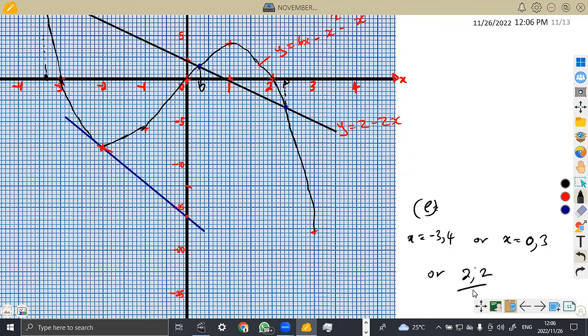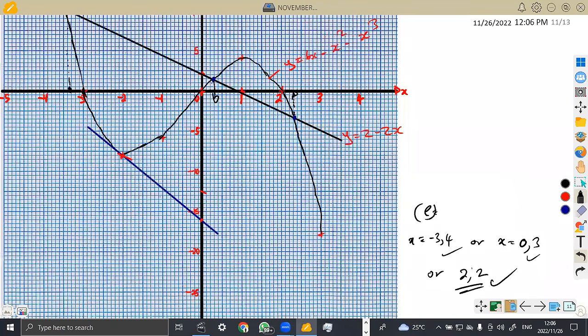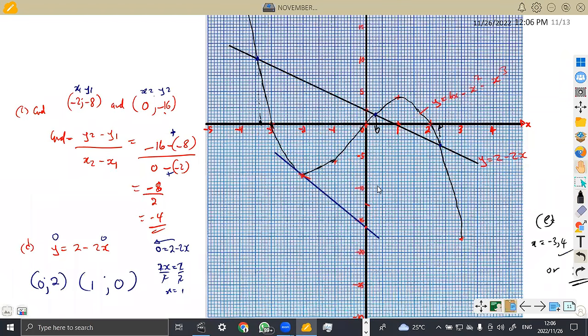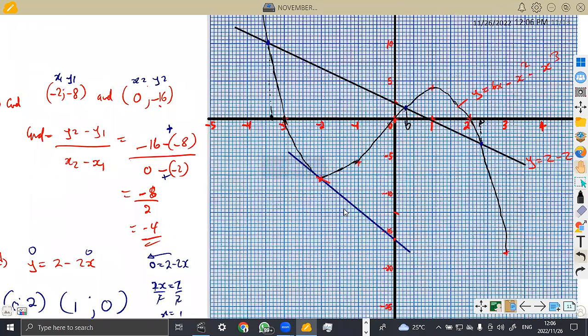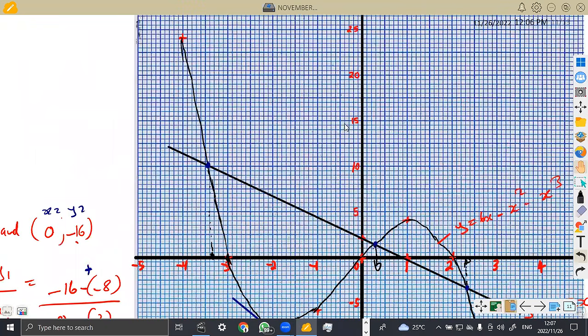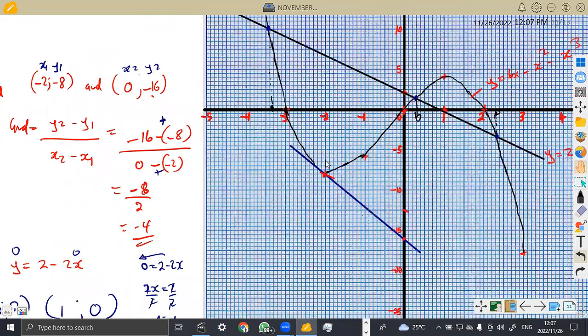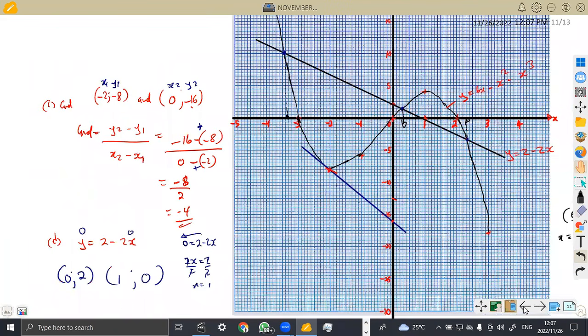So these are the values of x: -3.4, 0.3 and 2.2. Depending on how smooth your graph is, that's why I always say, make sure that your graph is very smooth, not crossing, so that you can have your answers in a better way. Okay, so that's it, guys, on this question.